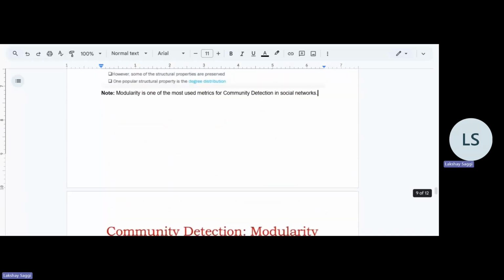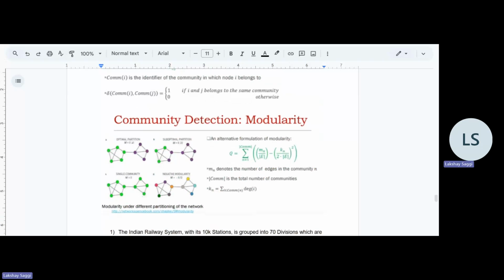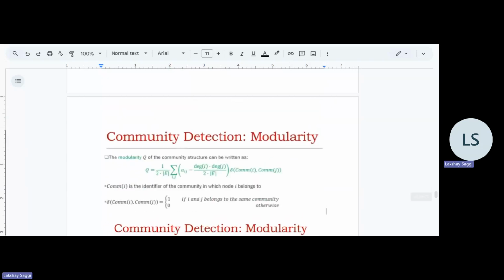So maybe let's not get into the mathematics of how it works. There's an easy formula for determining this. Suppose we are given a community structure. We are not talking about an algorithm to find a good community, though it can also be done. Just trust me.